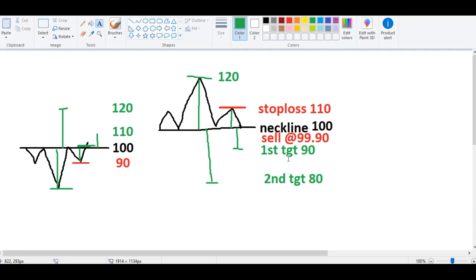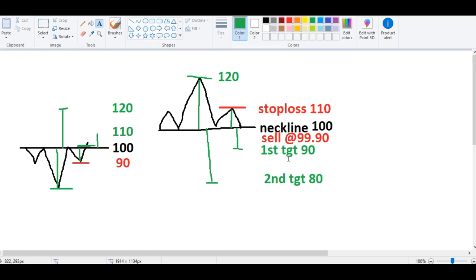Meaning, if I'm on the daily chart, I cannot expect the target to hit the same day or the next day, right? I might keep a time frame of about 1 week or 2 weeks. If I'm on the weekly time frame, I might keep a target time frame of about, let's say, 1 month, right? So the higher the time frame, the longer it will take to achieve the target. Sometimes it happens very quickly, but we have to keep that in mind.